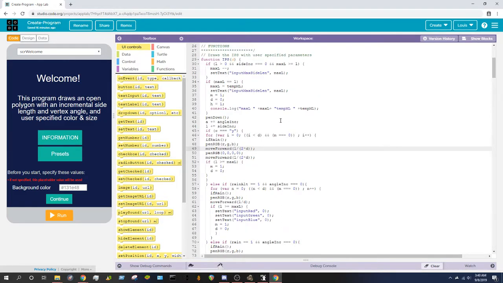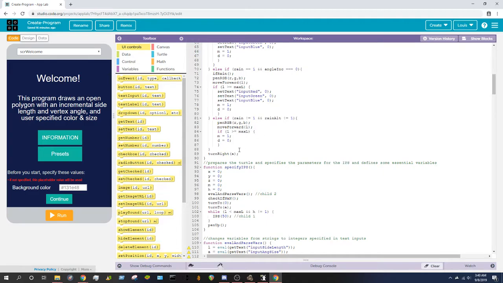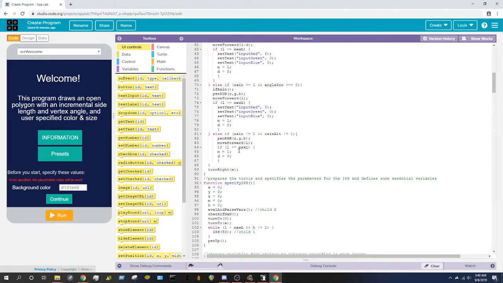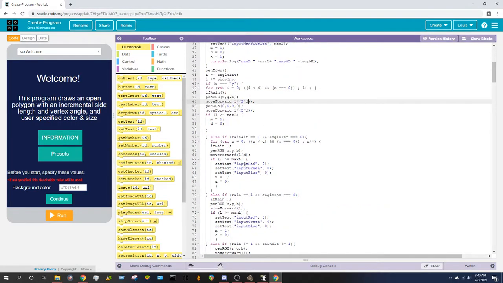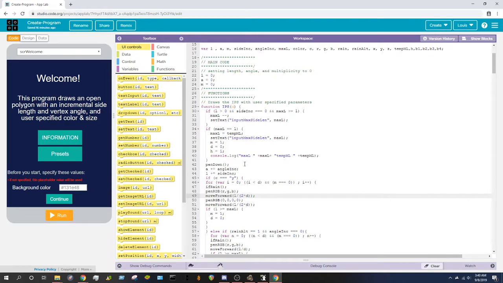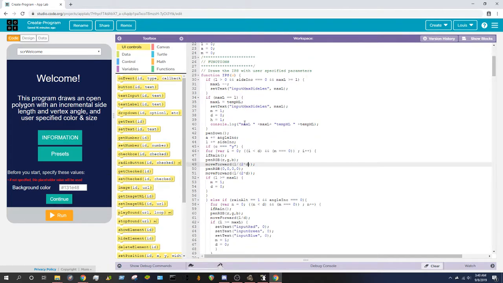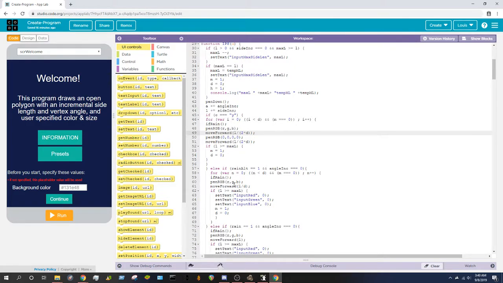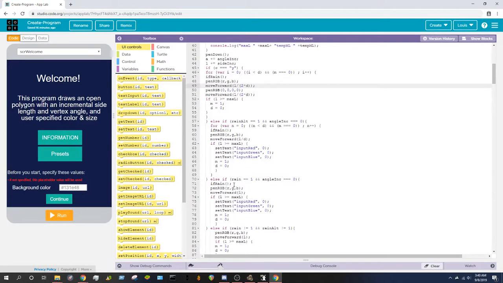Well, it is, but it isn't. So it turns right by A being the increase, right? And then it moves forward by 1 over 2 times the distance. Why does it do that? Oh, because this is for the dotted line part.